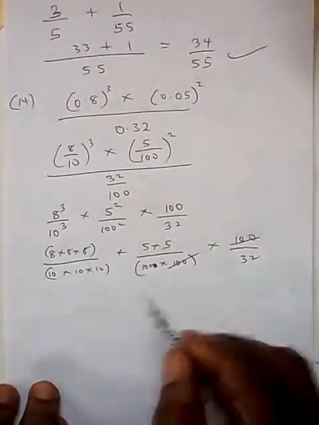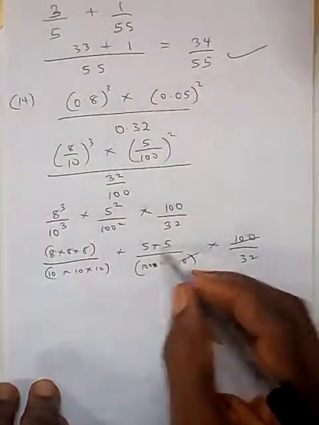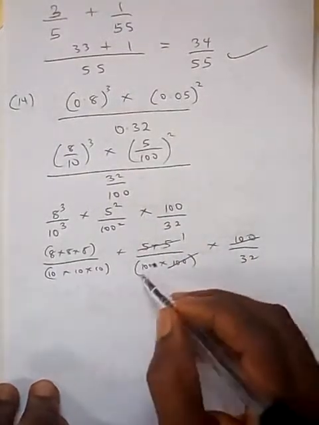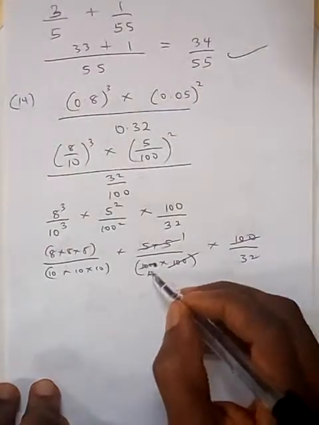You see 5 times 5, 25 strikes off. 25 into 100 gives you 4.